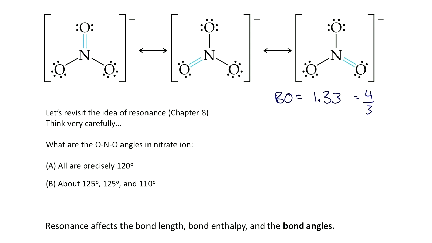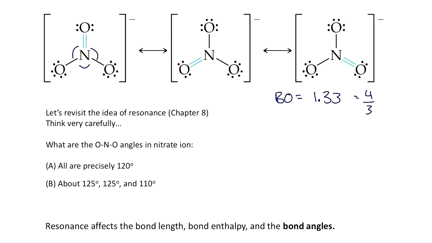Okay. So with that in mind, and the idea of deviations from ideal bond angles, what do we think the bond angles between the bonds in nitrate will be? So like these bond angles. Are we going to see 2 big bond angles and 1 short bond angle because there's 1 double bond?